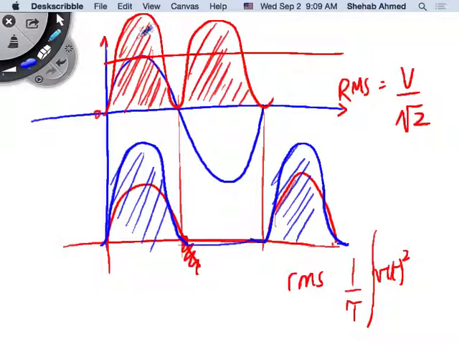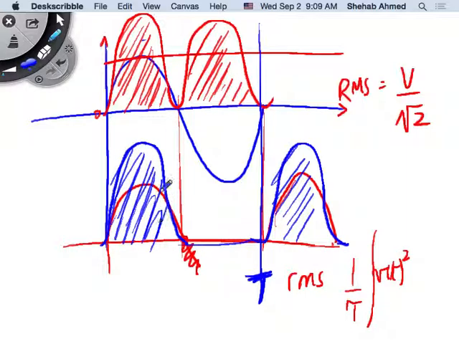I cut it in half. During my switching period T, during my full cycle, here I had this big area under the curve. Now during my period, I had half the area basically, right? So this integration of v squared is now half the area.